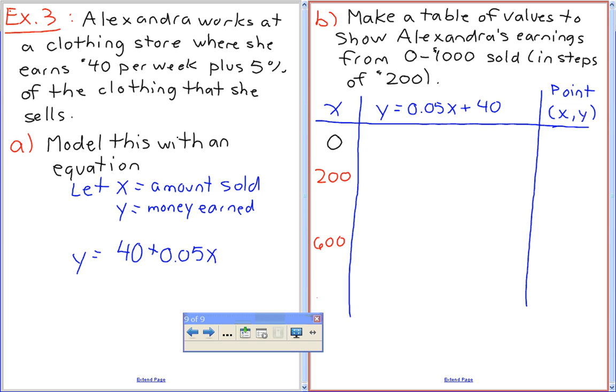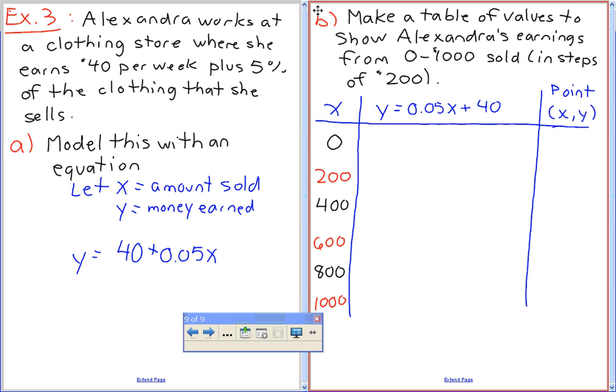Why did I put the equation like this? Good question. Can somebody tell Julia why I wrote the equation like this? Remember we talked about descending powers, so you want the highest degree term on the left moving down to the right.